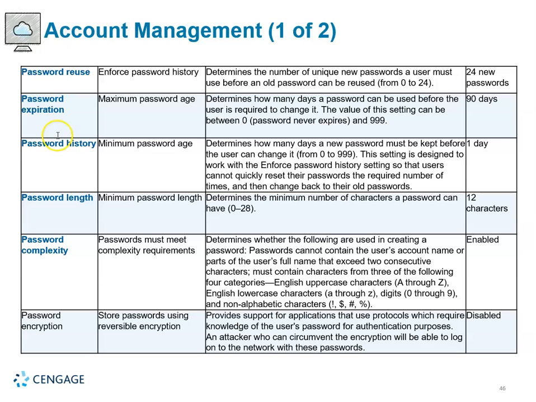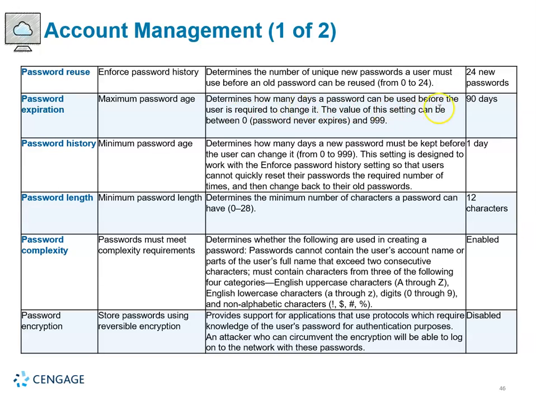Password expiration, this is an interesting one. Password expiration is the maximum password age. You'll notice there's also password history, which is the minimum password age. So why do we have both of these? Well, if you think about this a minute, maximum password age determines how many days a password can be used before the user is required to change it.